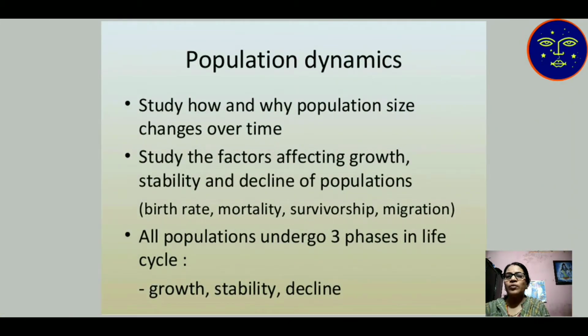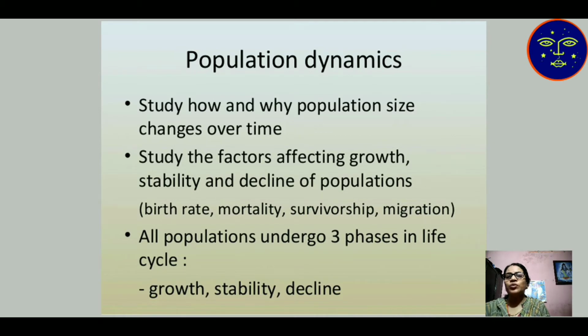Study how and why population size changes over time. Then study the factors affecting growth, stability and decline of population. That means birth rate, mortality, survivorship and migration all affect the growth, stability and decline of a population.